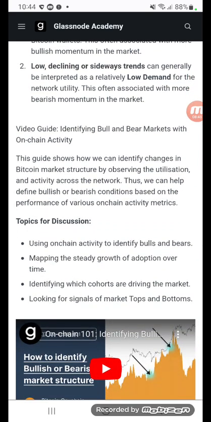Video guide: identify bull or bear markets with on-chain activity. This guide shows how we can identify changes in the Bitcoin market structure by observing the utilization or activity across the network. Thus, we can help define bullish or bearish conditions based on the performance of various on-chain activity metrics.